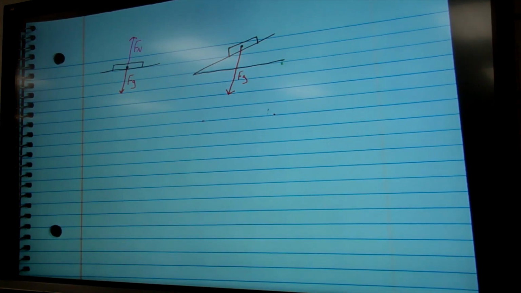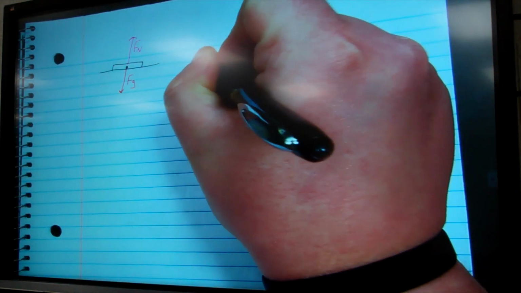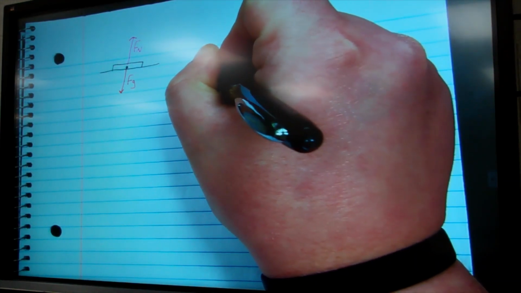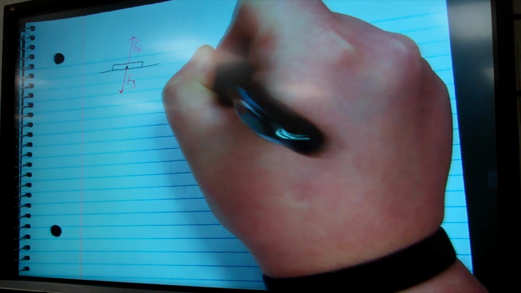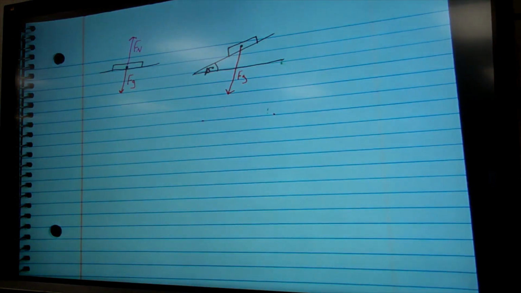Now here's the change. Let's say we raised this, and this was on a ramp that is 15 degrees. The normal force is no longer straight up.